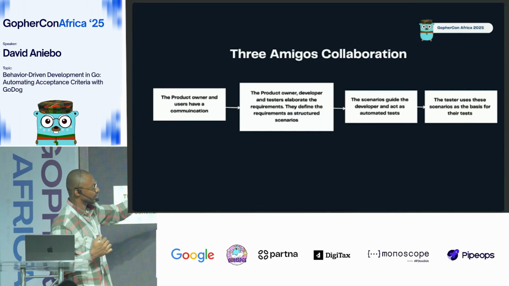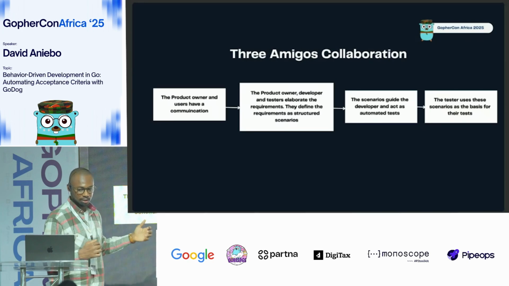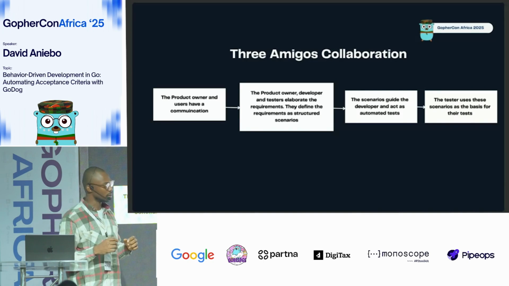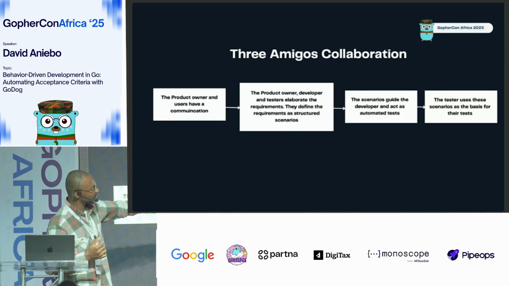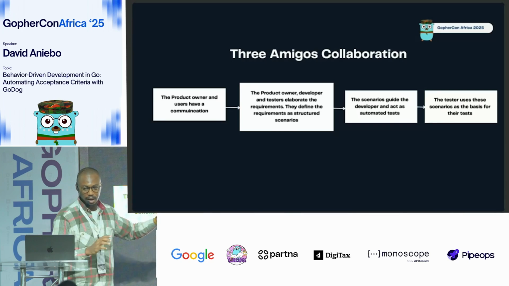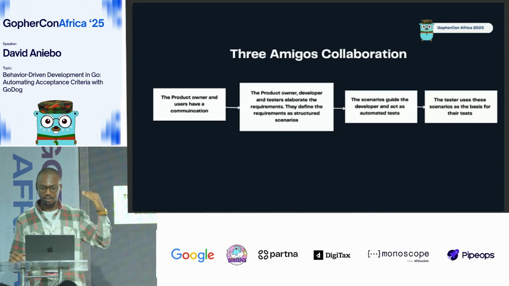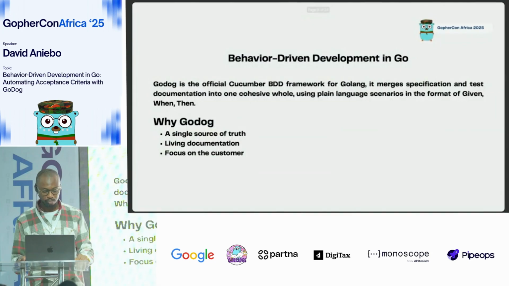The scenarios guide the developers and act as automated tests. As a developer, you know the problem you need to solve and how the software system should work. And the testers use these scenarios as the basis for their tests, to ensure everything works as expected.